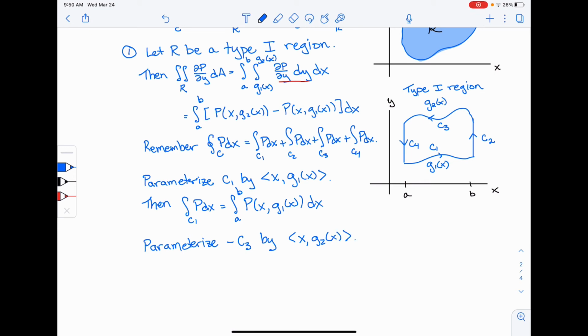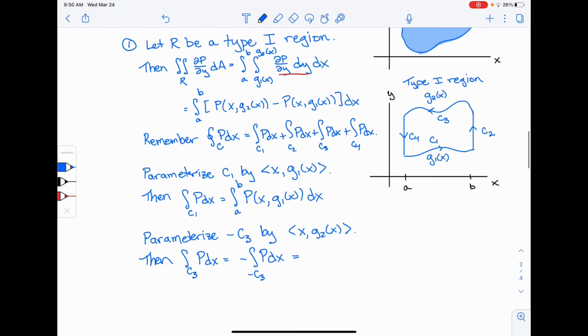Okay, then the integral over c3 of p dx is minus the integral over c3 going the other direction of p dx.